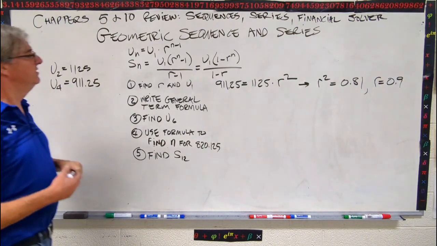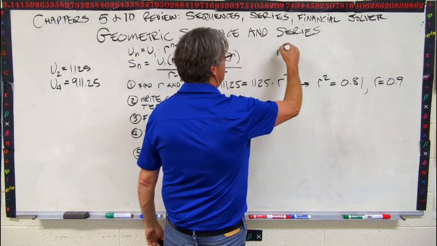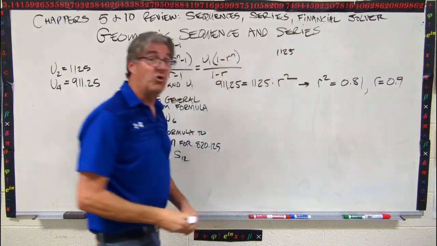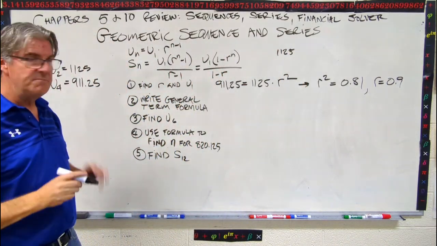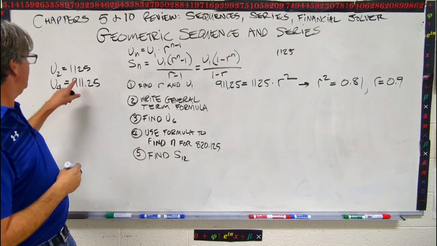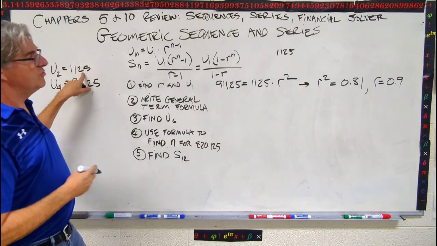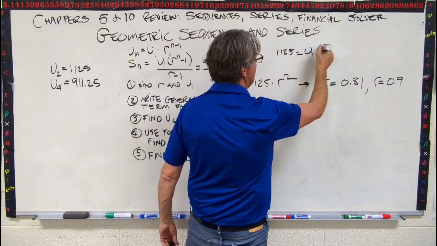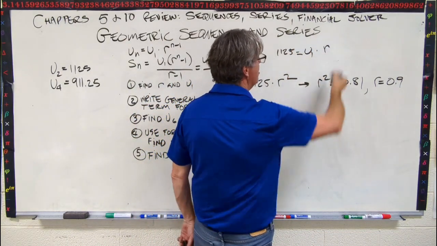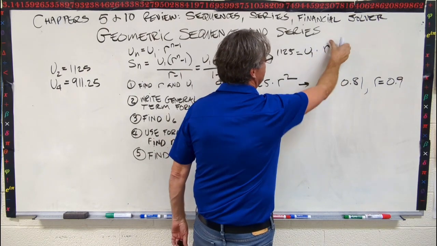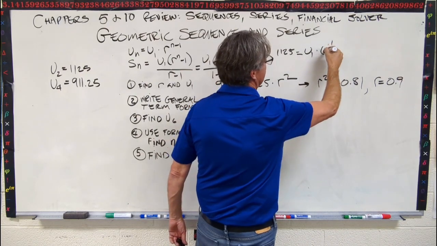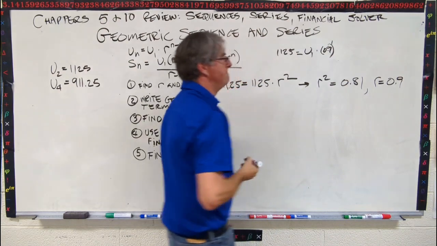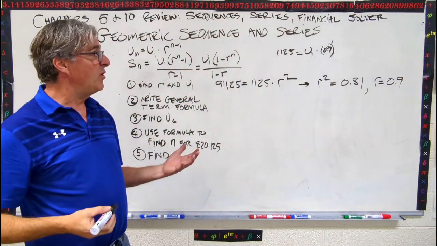This is U2, so 1125. That's going to equal U1 times R to the n minus 1, which is just 0.9 to the 1. So that's just 0.9.